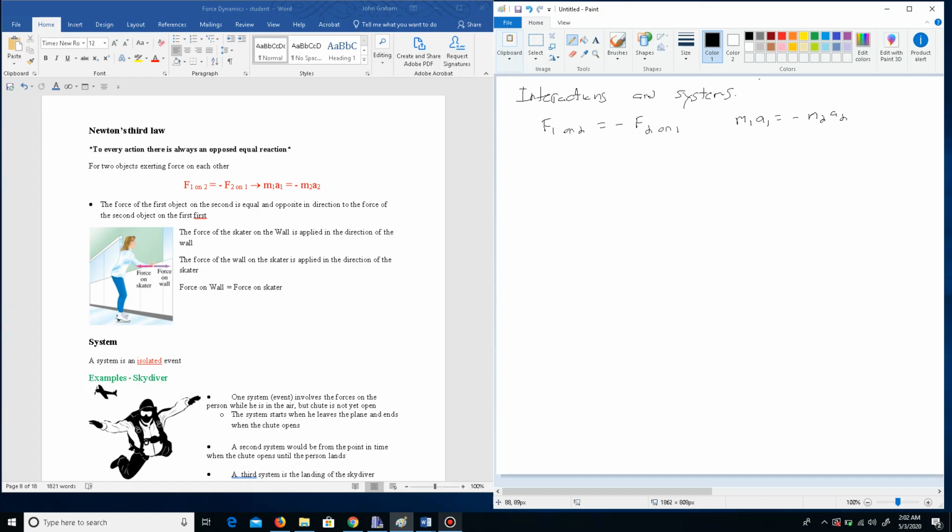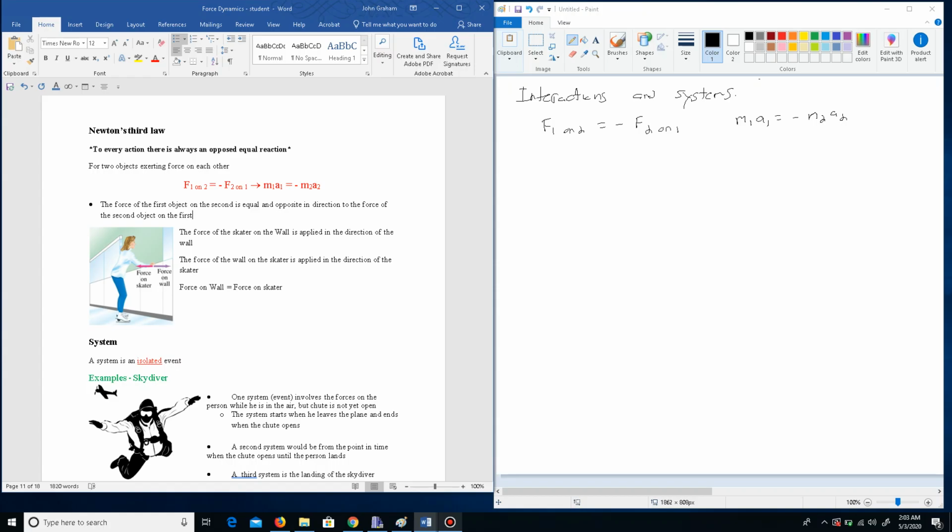As long as we're not looking at what's called an external force, which is a force outside of the interaction. So the force of the first object on the second is equal and opposite in direction to the force of the second object on the first. I wrote first twice. And we want to emphasize it.